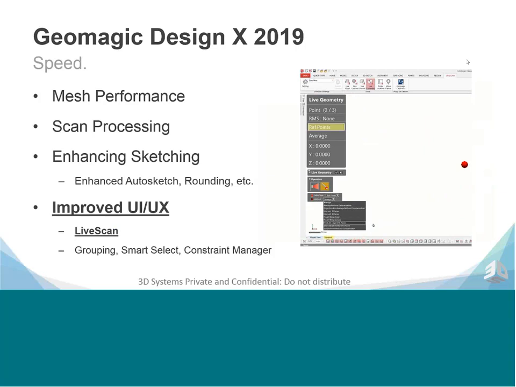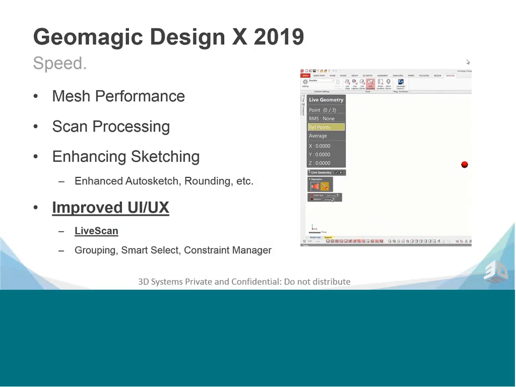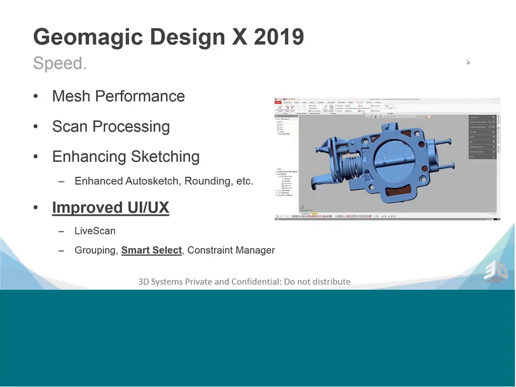If they, for example, want to probe a point in a certain method, they'll still be able to do that, but in a much more intuitive interface that will speed up their process, not only for current users, but also new users as well. And there are additional improved UI/UX features, again, just a few highlights. The one that I'll show here is Smart Select.